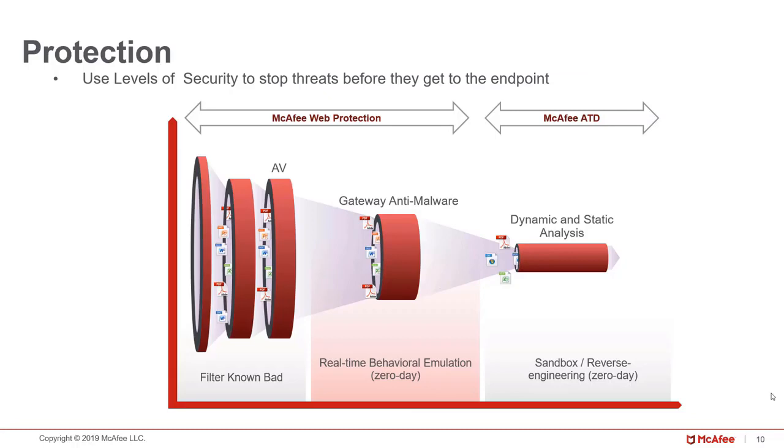Then if you use a gateway or a proxy, you can reduce your risk even further. There are real-time behavioral tools that can be used as far as coming through the gateways, and then ultimately down to the endpoint. As tools are being dropped onto the endpoint, there are different types of tools. There's exploit prevention, and there's the ability to send the files to the ATD sandbox to be evaluated.